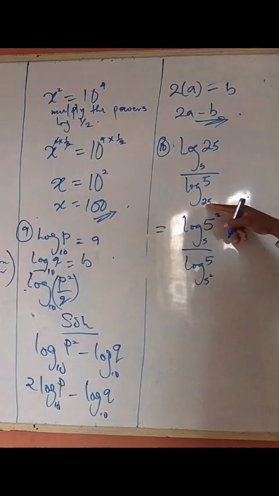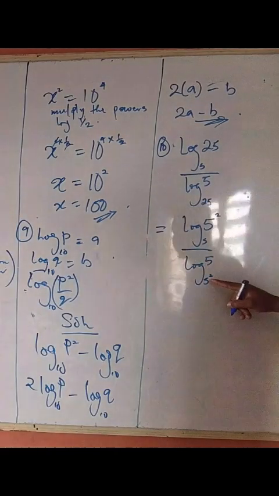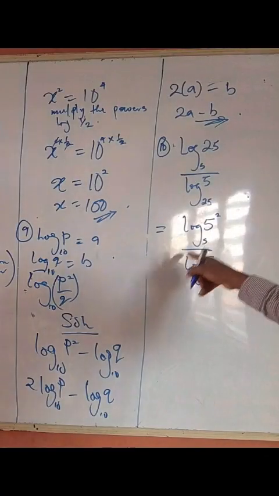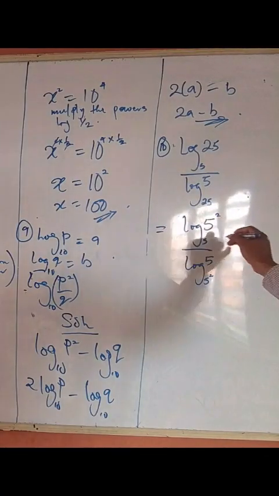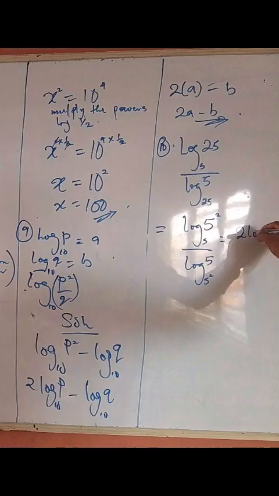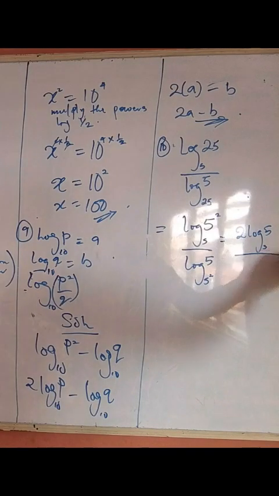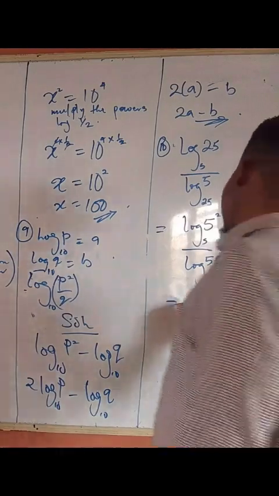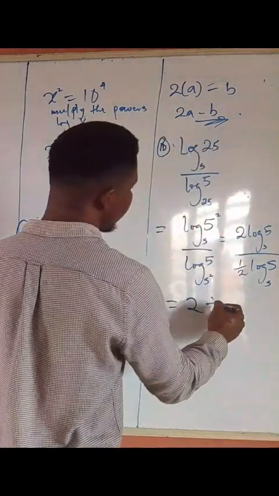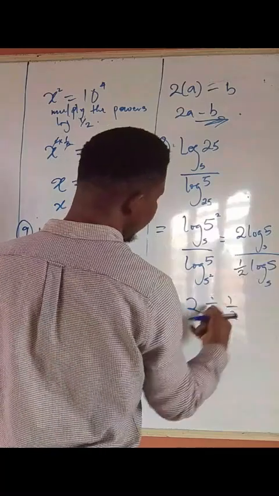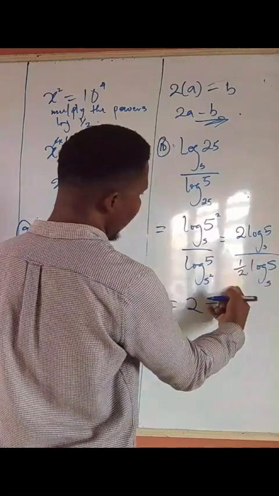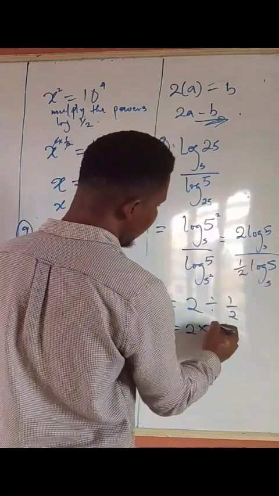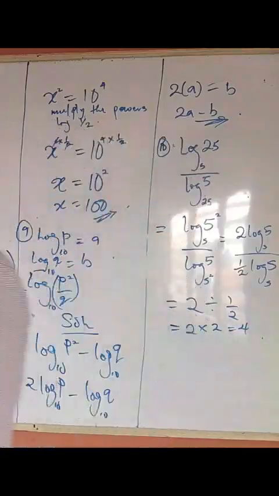Do you remember? 25 is 5 squared, right? These two will come here as denominator, and these as numerator. What do you have? 2 log 5 to base 5 over 1 over 2 log 5 to base 5. So this one is 1, this one is 1. So the answer is 2 divided by 1 over 2. This division here, the 1 over 2, that's 2 times 2. Your answer is 4.